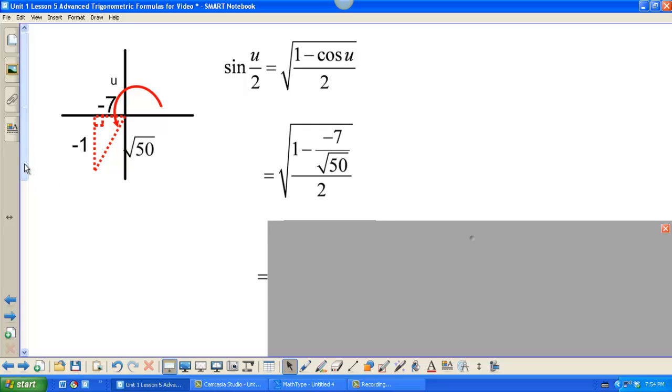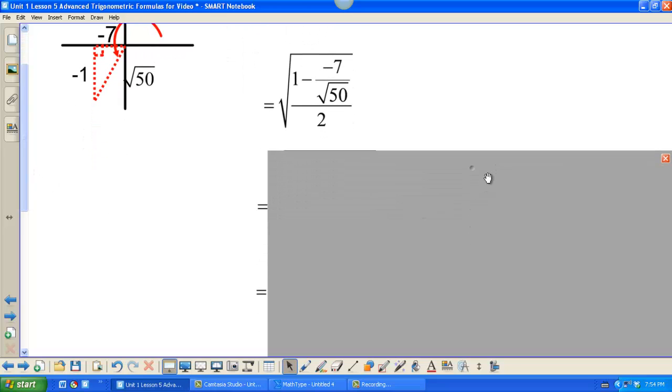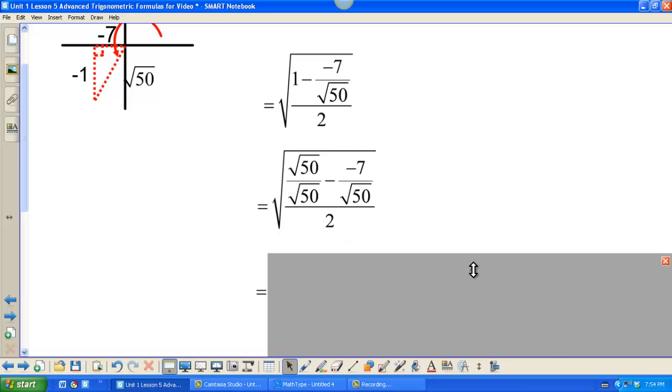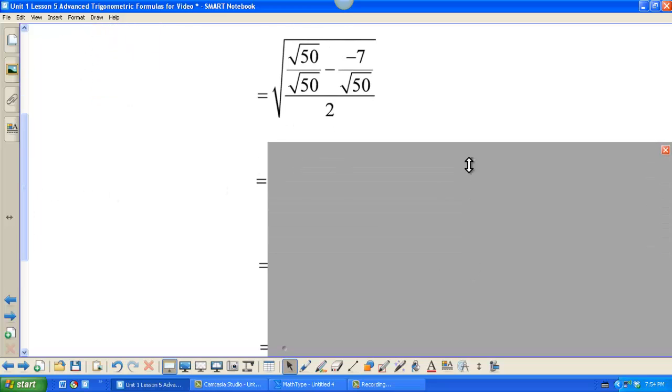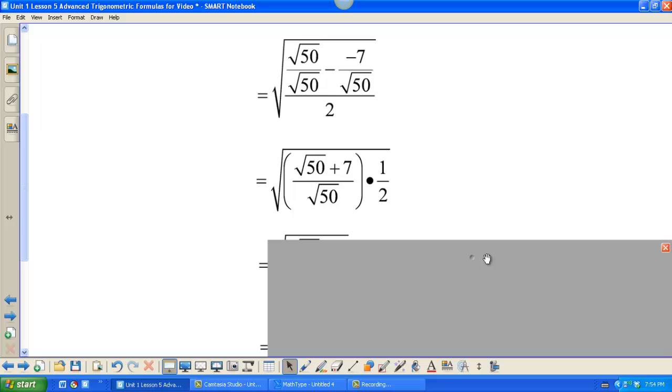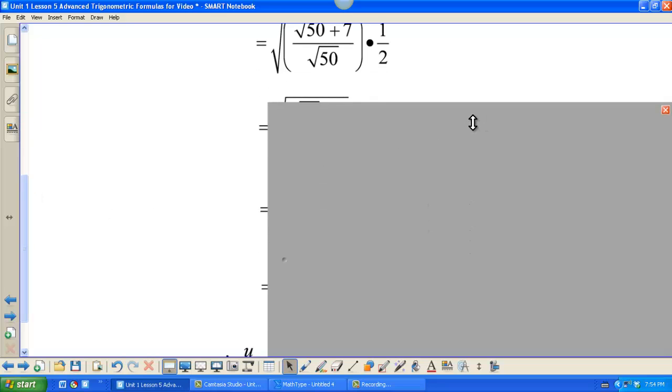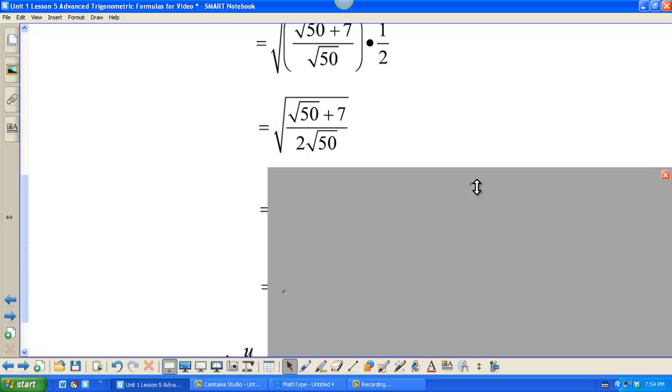In my next step, I need to get a common denominator, so I can re-represent the 1 as root 50 over root 50. When I subtract a negative 7, that is going to become positive. And then when I divide by 2, it's the same as multiplying by the reciprocal, a half. Next, I just multiply the numerators across and the denominators across to get root 50 plus 7 over 2 root 50.